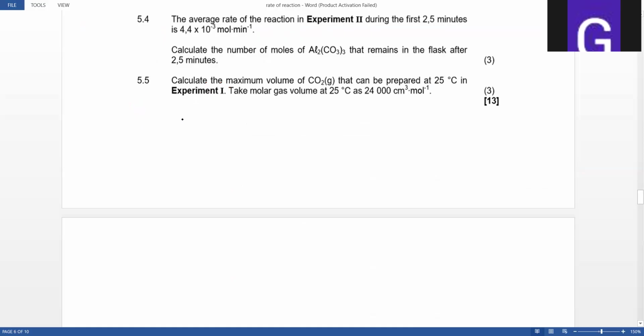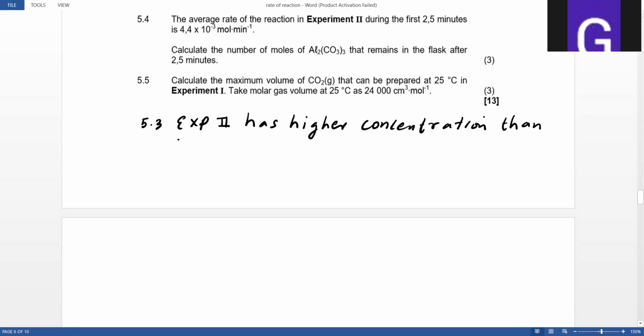We can say experiment 2 has higher concentration than experiment 1, or you can say experiment 1 has lower concentration than experiment 2.